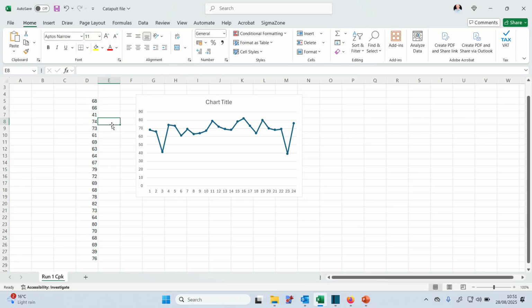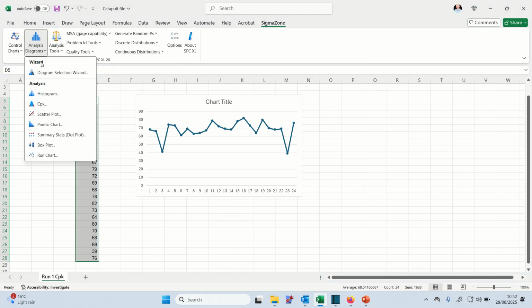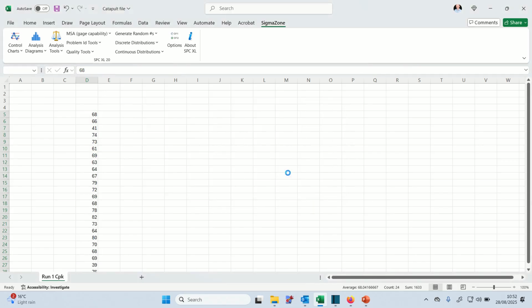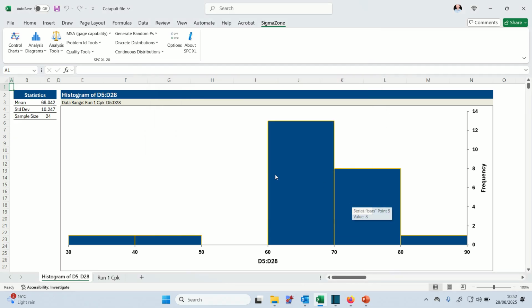So let's go and do graphical analysis number two. I'm going to do a histogram now. Okay, now there is the histogram. Obviously the histogram is the distribution of that run chart, and I've got some summary statistics up in the top left hand corner there that are telling the tale.